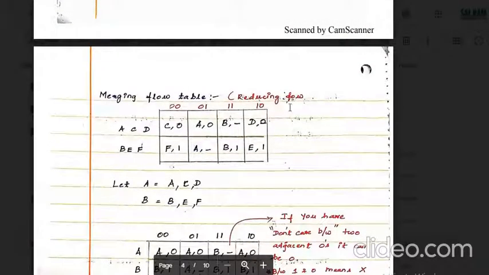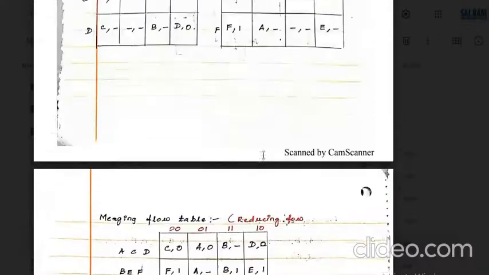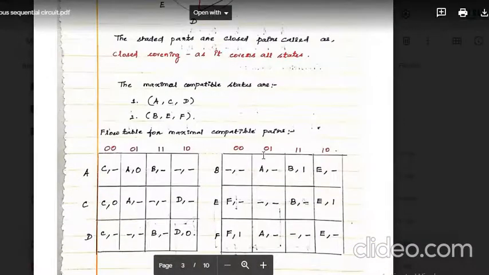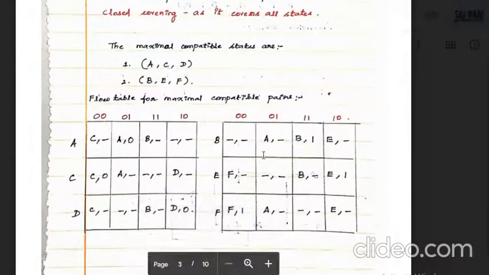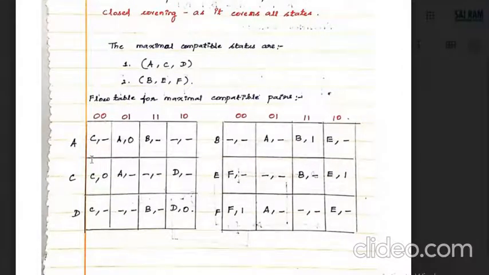Okay, merging the flow table. Next, you have to merge the flow table. This merging is done by, see, let's take the row columns C, C, C. So you don't have any conflicting. Obviously, you will not be having any conflict because they are maximal compactable. So dash 0 and 0, you have to take 0.